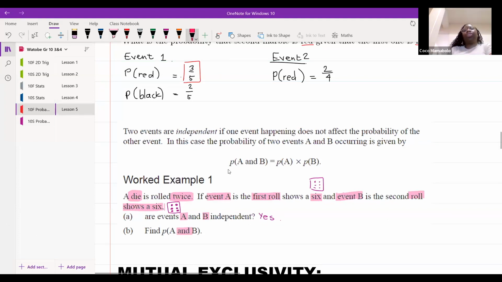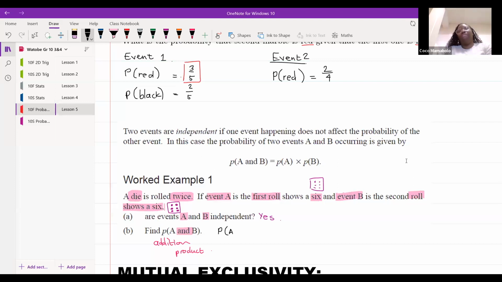Now I'm going to ask Mawande, are we going to use the addition rule or are we going to use the product rule? We are going to use the product rule. Beautiful, beautiful. Now, I need you to remind me, what does the product rule say? It says that the probability of event A, intersection or union?